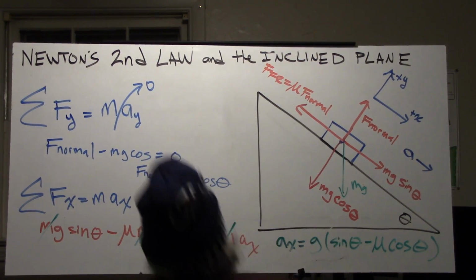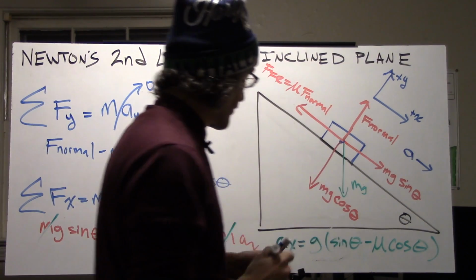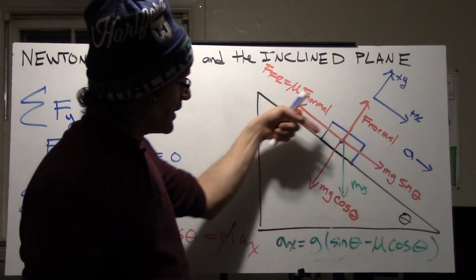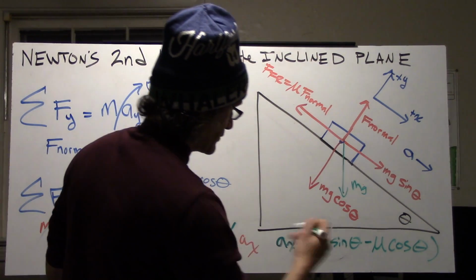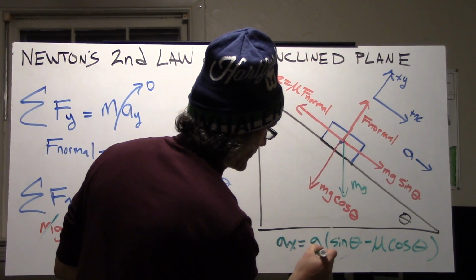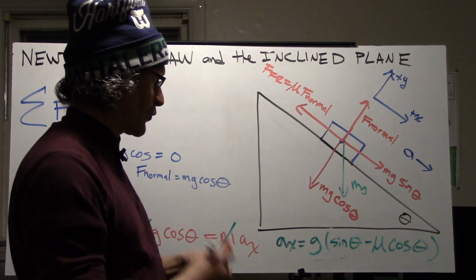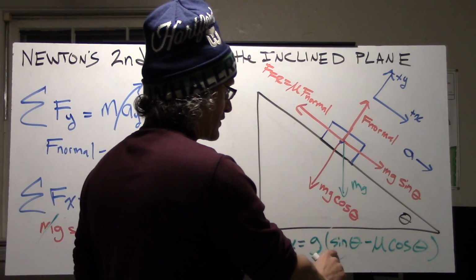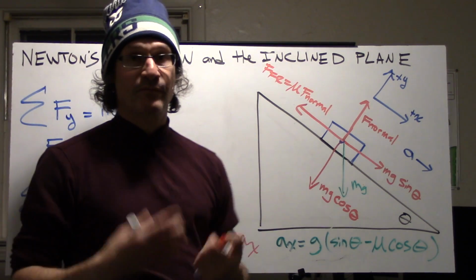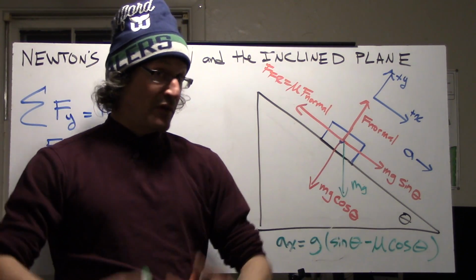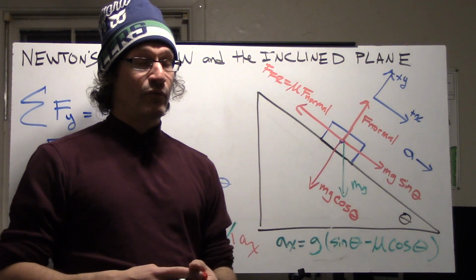All right, so this is our final result. This is our final expression for the acceleration down the slope with friction. It's some fraction that's based on the trigonometry, or you can call it geometry, g times the sine theta minus mu cosine of theta. So that's the basic case here. So we'll try an example with numbers coming up and see how well we fare.